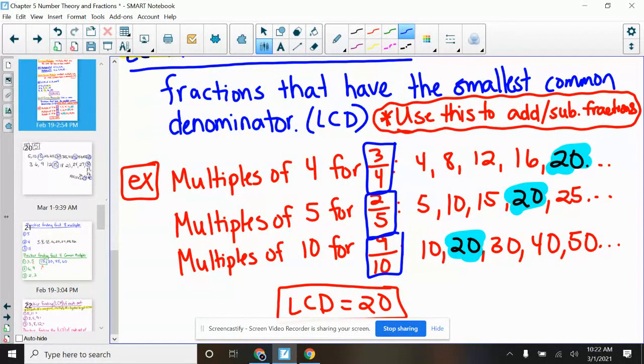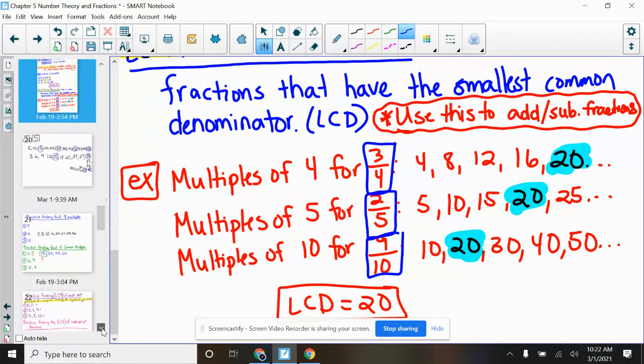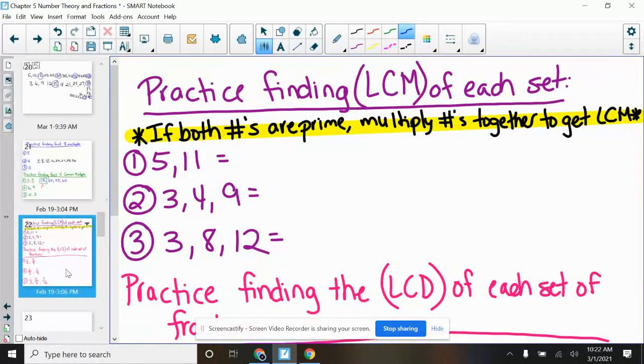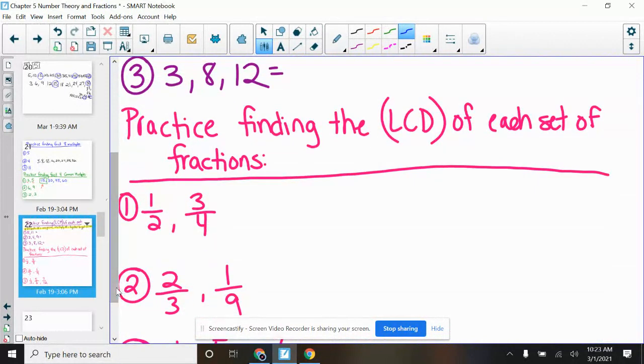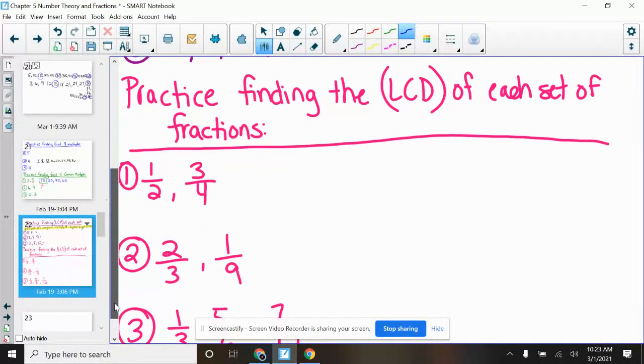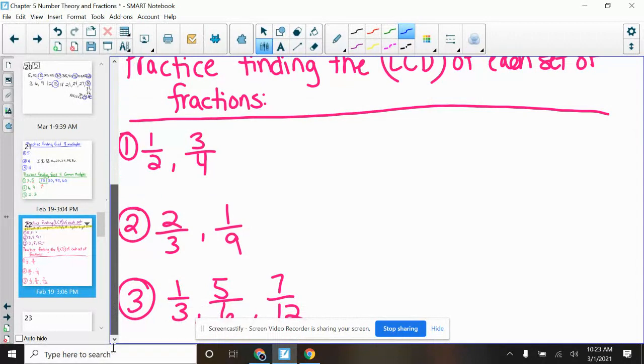Okay, so let me take you to the other page that I had you at a second ago, and I want you to try one of those. So here in pink, let's try fraction. Let's try number 2. Okay. I already know it. Okay, and some of you might, and that's great. You don't have to always list.